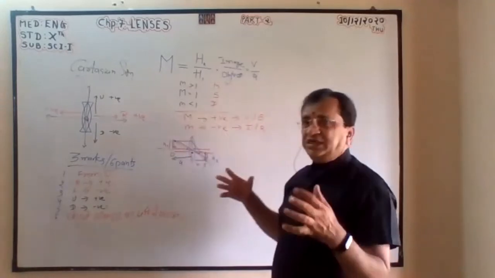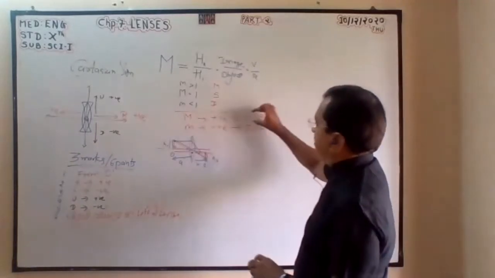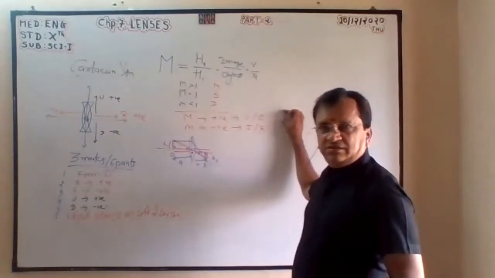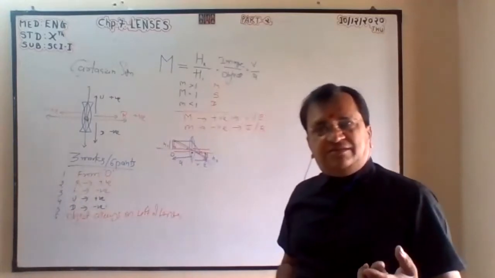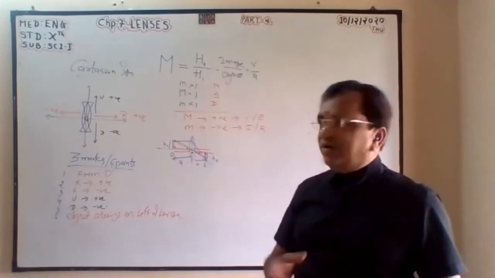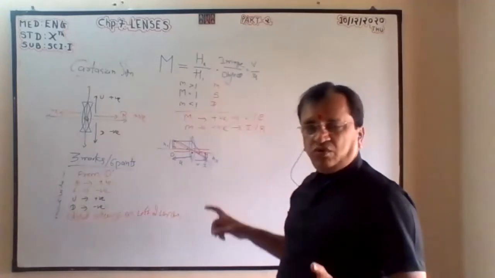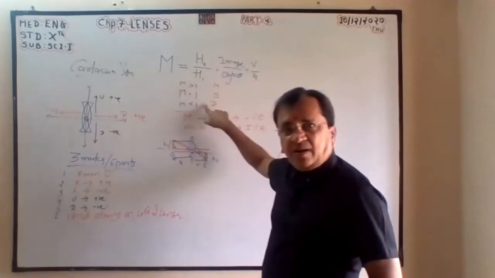If m is positive, forget about the numbers, plus 7, so it is virtual, erect. First you just compare the number, then the sign. Now don't consider minus 7, it is less than 1, so it will be diminished. Only the number you have to compare first.